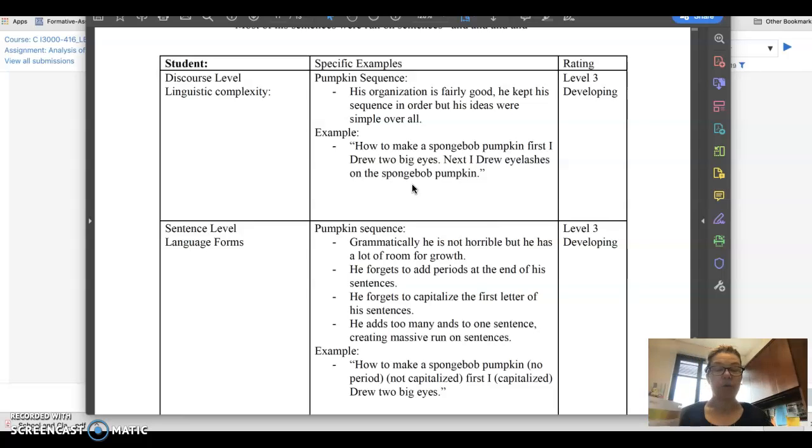The other part of linguistic complexity and the discourse level relates to the perspective or genre. So that goes back again towards the troubles that he was having in deciding whether to use first person or second person, you, to give people commands on how to draw. So that's just something that I might note, especially for instruction with this particular activity.